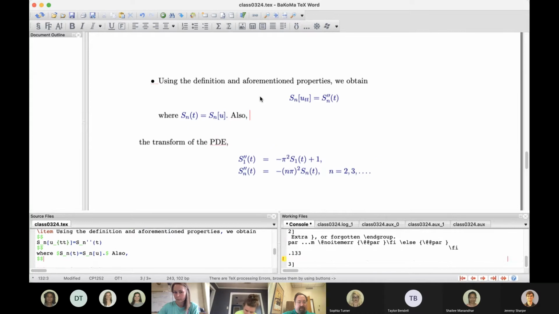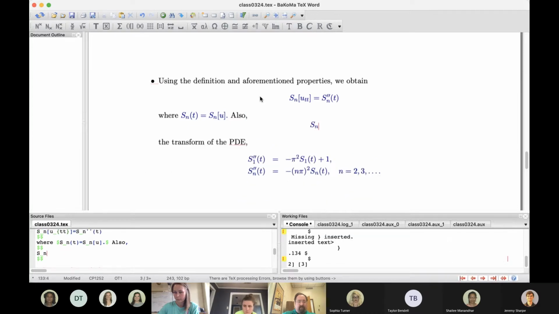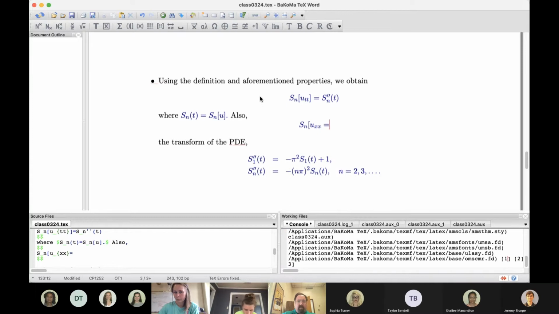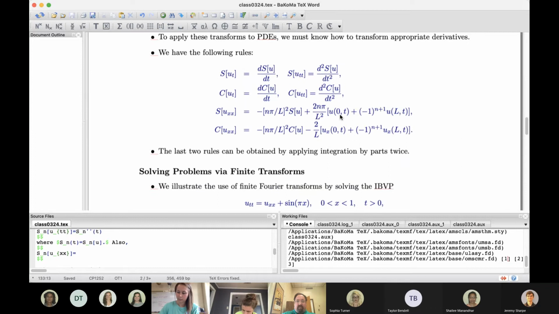And then we have to handle the second derivative with respect to x. If we consult the rule for that from earlier, in this case capital L is equal to 1.